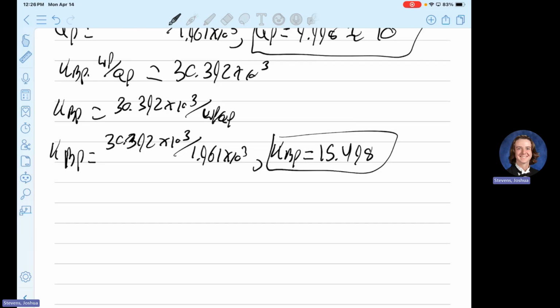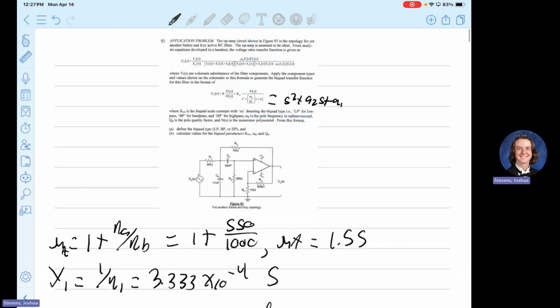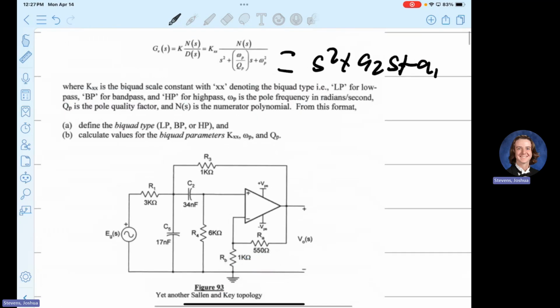The only thing that'll have a unit is omega p. He's denoted KBP as a scaling constant, therefore it's a constant, no units. Same thing with the quality factor. It's just a constant.